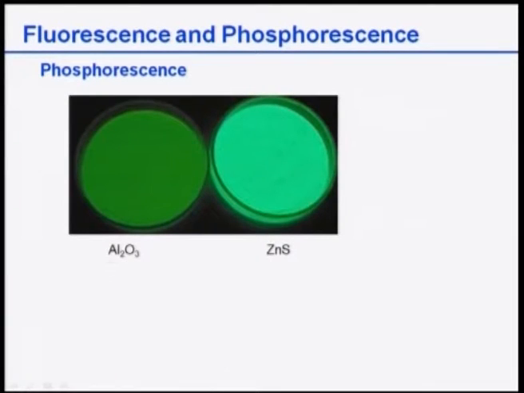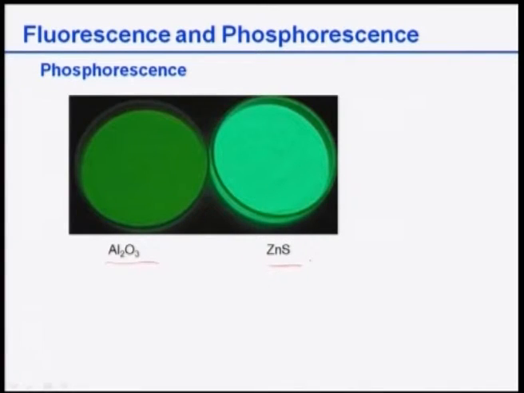When the electrons fall on this phosphor screen, they excite electronic transitions, and once these electrons come back from the excited state to the ground state, they emit radiation. What is shown here is aluminum oxide and zinc sulfide, ZnS, on a petri dish kept in a dark room and then imaged.